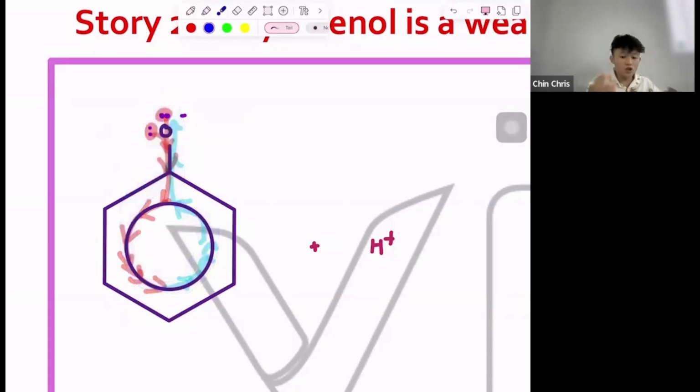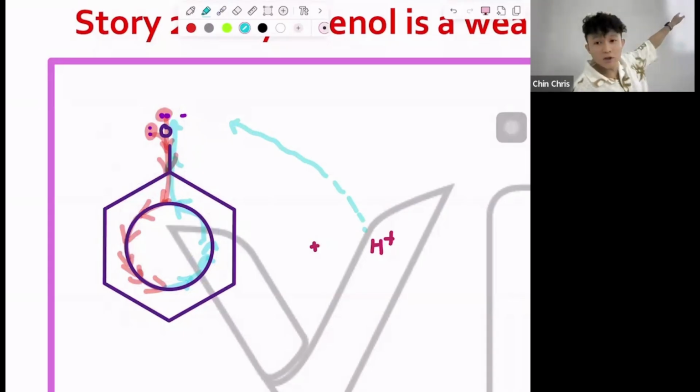So when the electrons go back, then the H plus can be attracted. Understand? Clear. So the movement of electrons is like that. They go into the ring first because they love playing. Then eventually oxygen will be like, it's time to come back, and they go back.